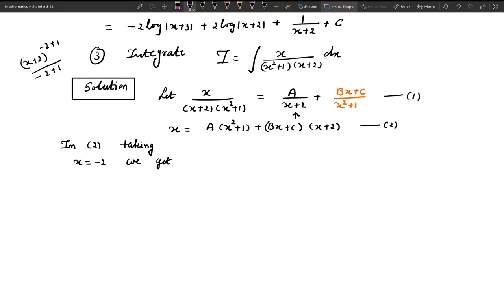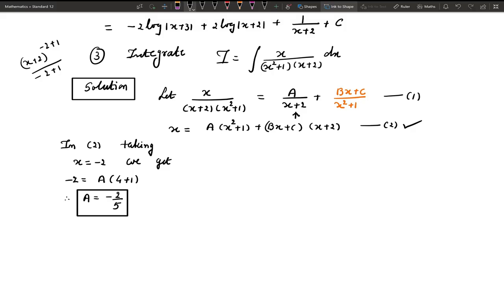So in equation 2, when we take x equal to minus 2, the left hand side is minus 2, and on the right, a into (minus 2 square, 4, plus 1), and therefore a equal to minus 2 by 5. So this is the value for a.